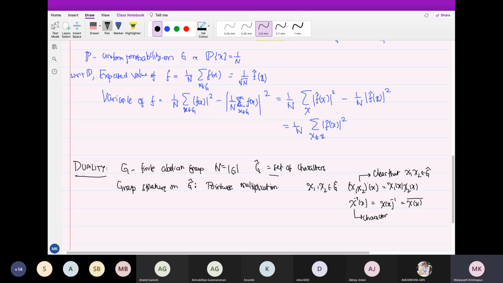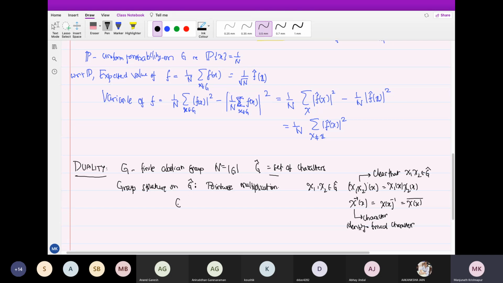If you take x plus y, you get chi of x plus y inverse, which is chi x chi y inverse, so it's the product of chi x inverse and chi y inverse. So this is a character. And the identity is of course the trivial character, which maps everything to one. So this is a group.